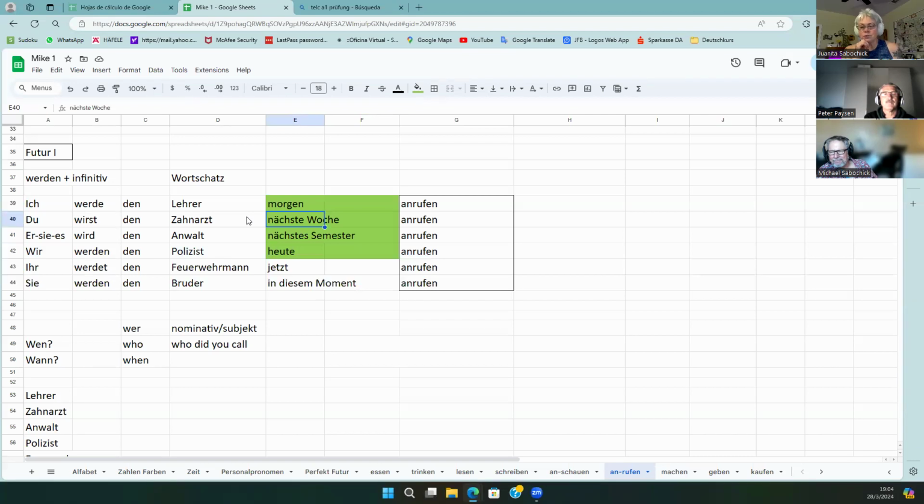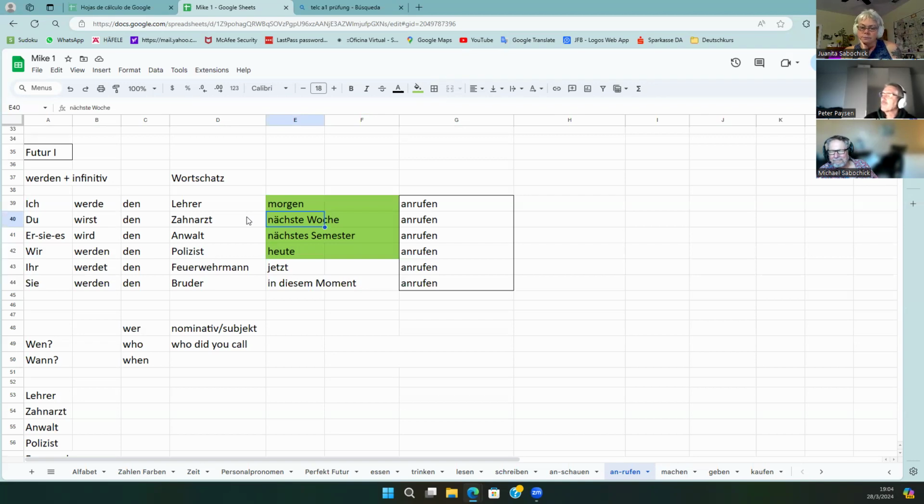Because with Duolingo, you get one little sheet of instructions and that's it. You don't get the background information. Yeah, this is very helpful.